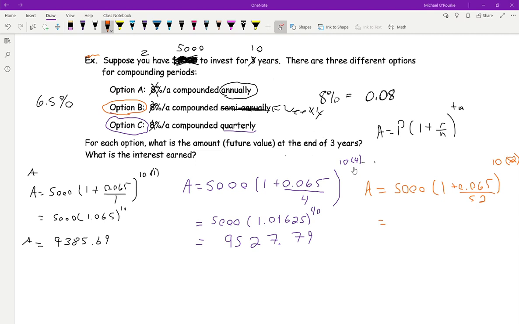Then this goes to the power of 52 times 10. Why does that say undefined? Yeah, which would be 520, right?